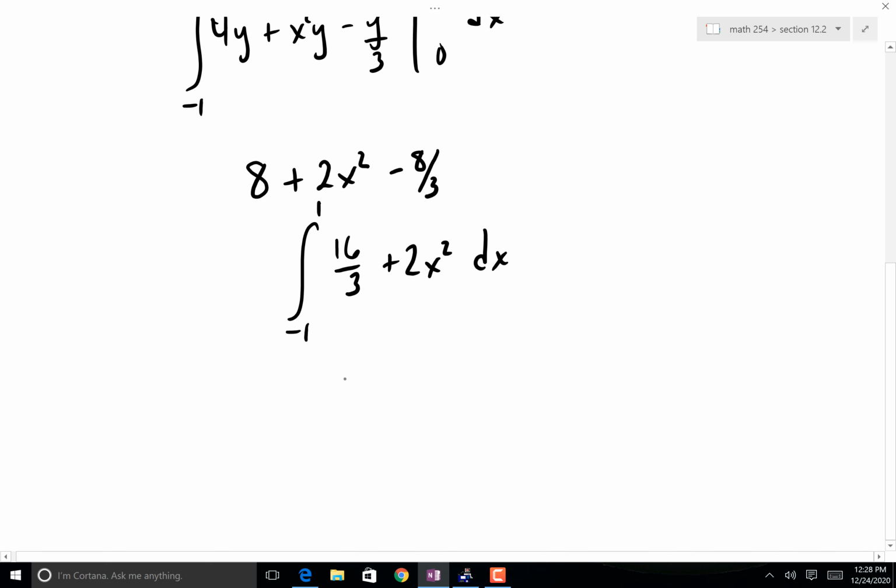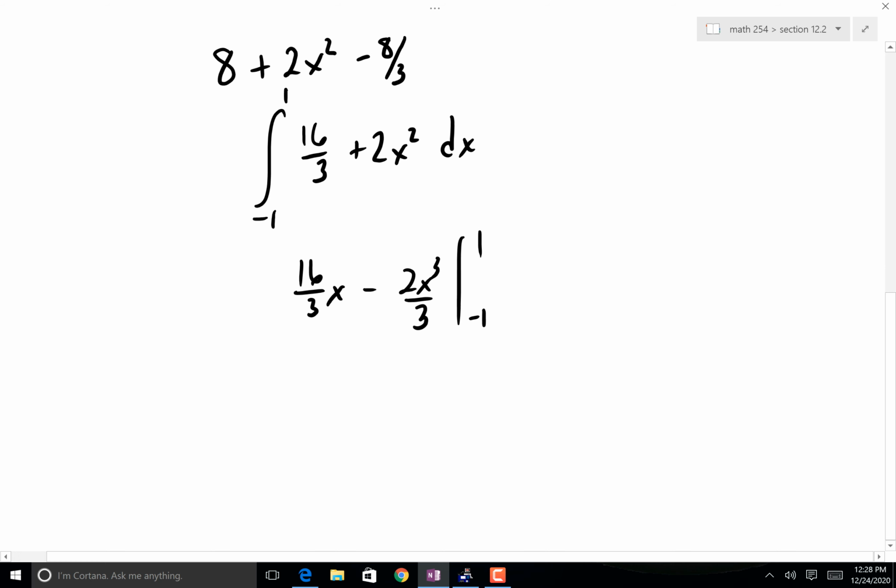So that's going to be 16 thirds x minus 2x cubed over 3, -1 to 1. So that's going to be 16 thirds minus 2 thirds minus, and then it's going to be -16 thirds. And then this is already minus, we're putting in another negative, so that's going to make it a plus.